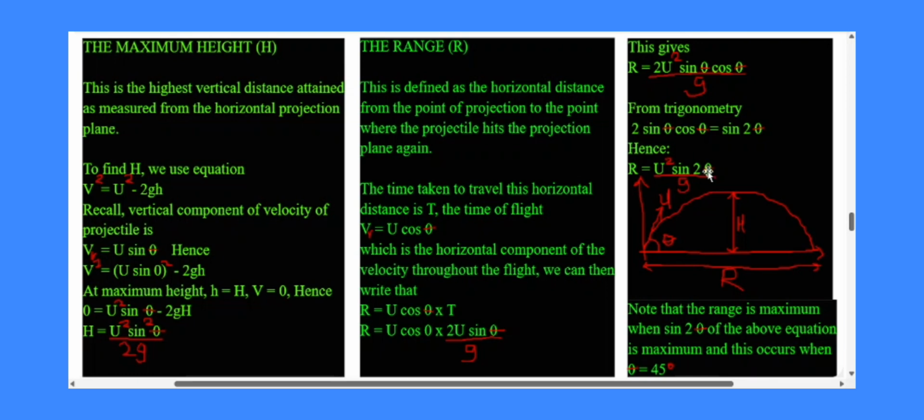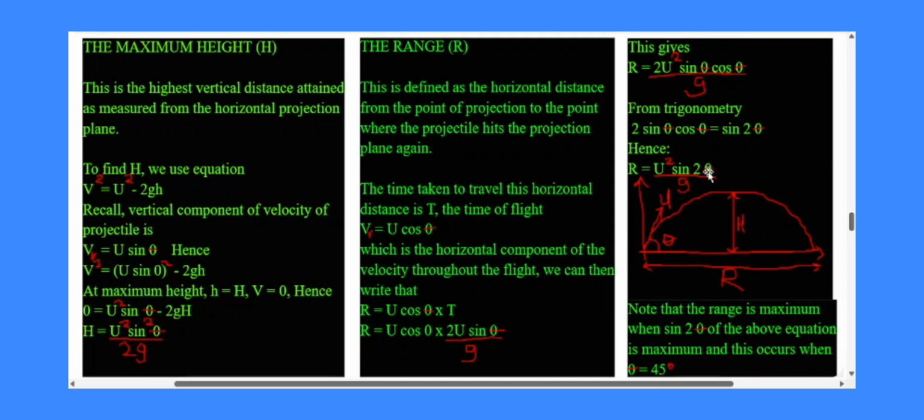So whenever we want to calculate for our range, we will use this equation. R is equal to u squared sine 2 theta, all divided by g. Note that the range is maximum when sine 2 theta of the above equation is maximum, and this will only occur when theta is equal to 45 degrees.